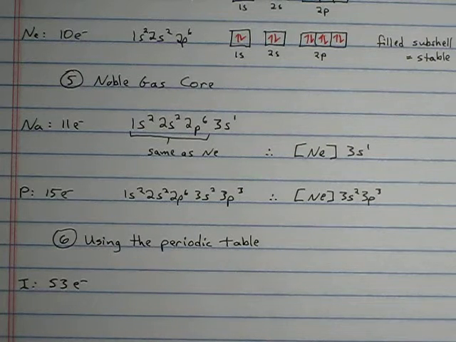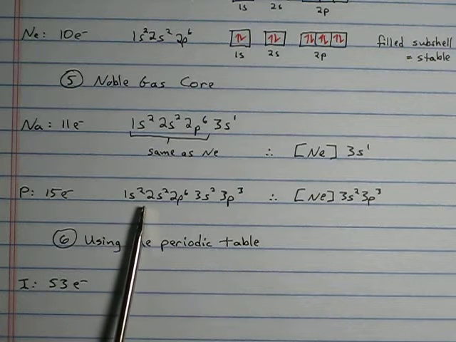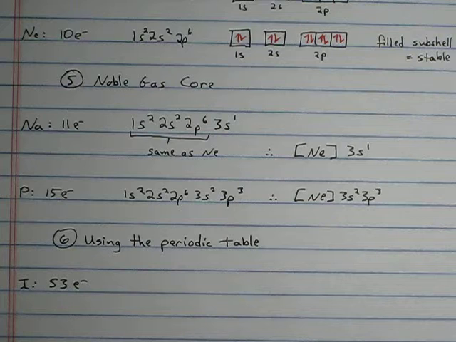All right. Now it turns out there's an even easier way of doing this, as long as you remember a few tricks. What if I wanted the electron configuration of iodine? Iodine has 53 electrons in it. Can you see it's going to be rather tedious if we are going to look at our energy levels?